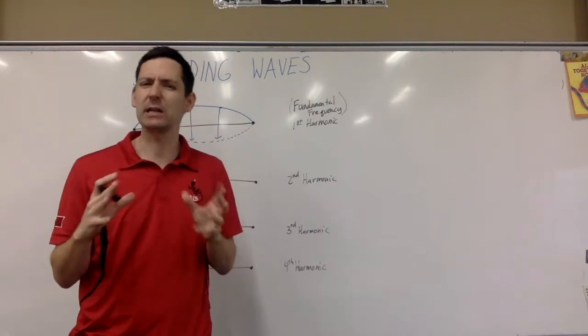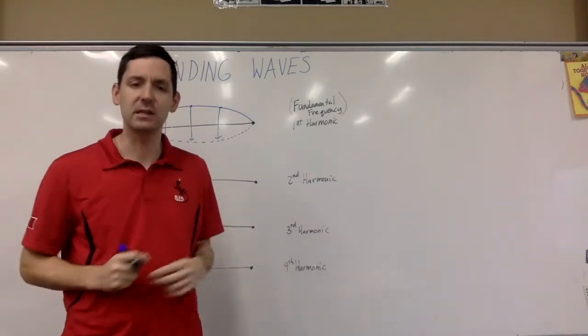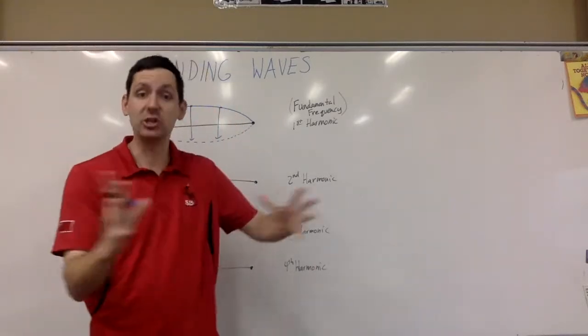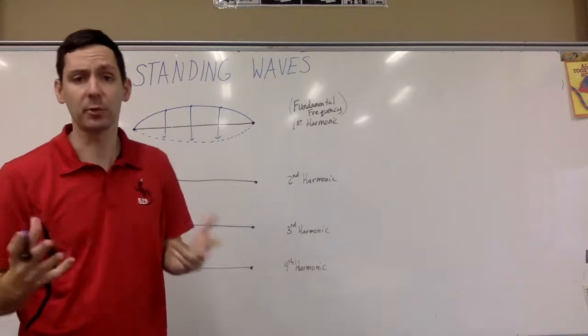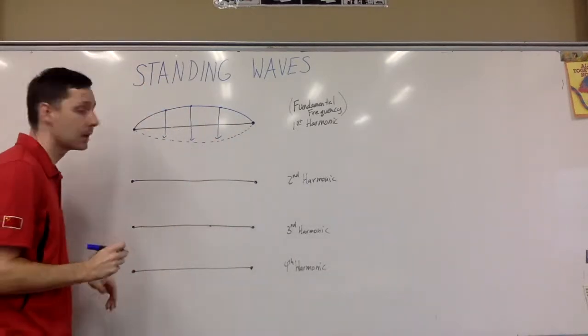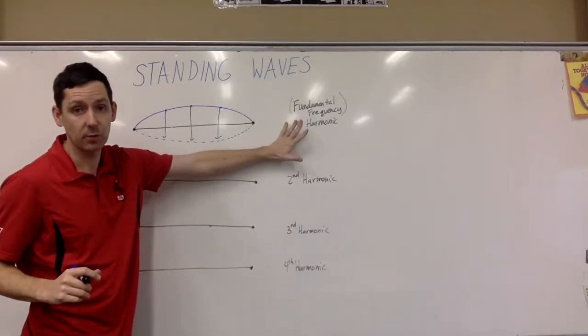It's not like a transverse traveling wave where every single point gets to go all the way up and all the way down as that energy is transported from one place to another. In this one, the energy is standing there, going up and down, up and down, up and down. This is what's called our fundamental frequency, or the first harmonic.